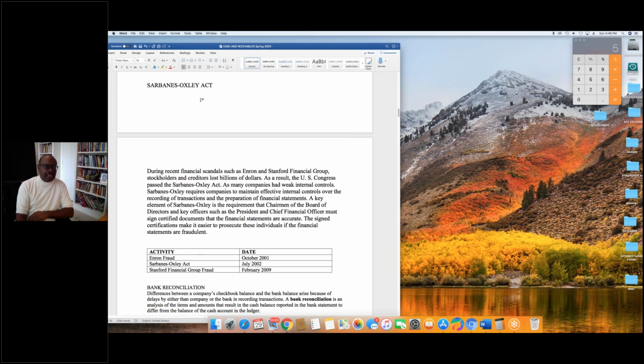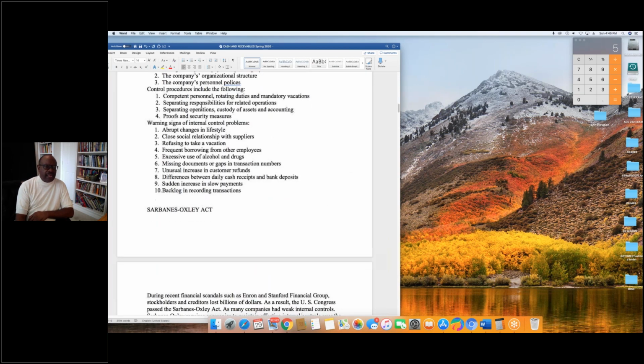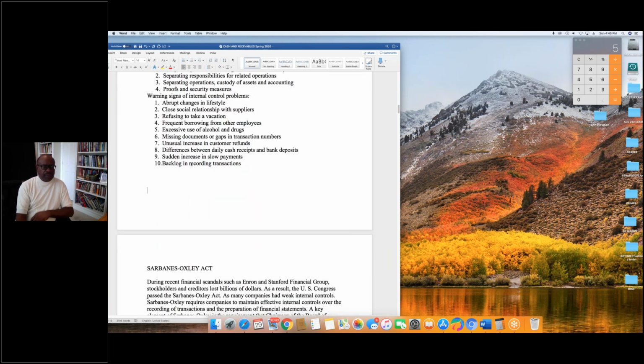So Sarbanes-Oxley was passed, and the purpose for passing Sarbanes-Oxley was to make it easier to sue the officers in the companies participating in fraud.